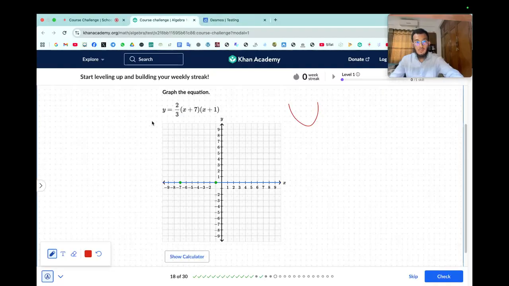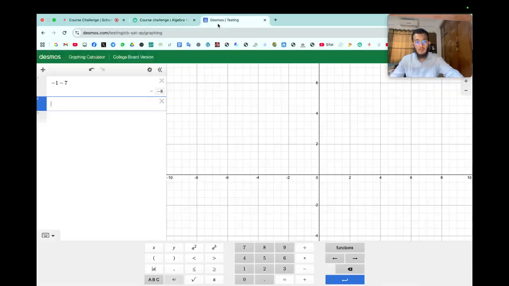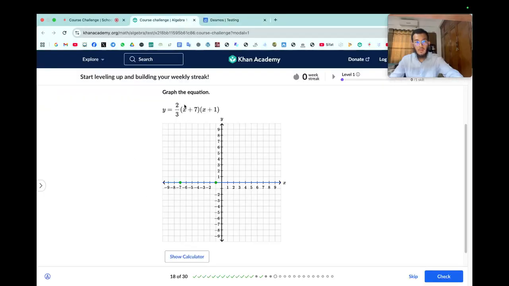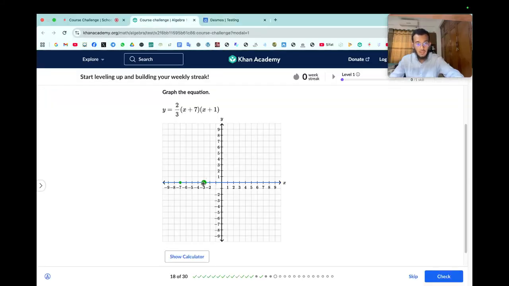But what is the value of y for -4? The value of y for -4 is 2/3 times (x plus 7), so -4 plus 7, then we have -4 plus 1, so it's -6, so -4, -6.